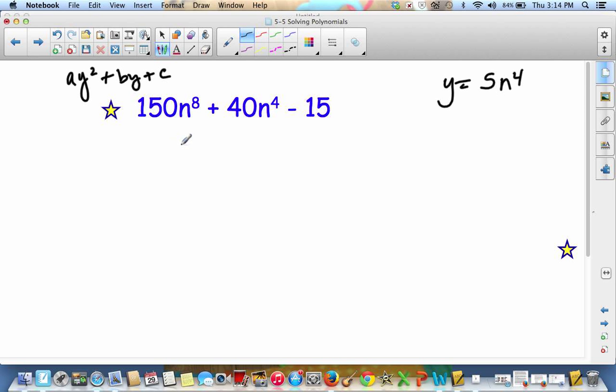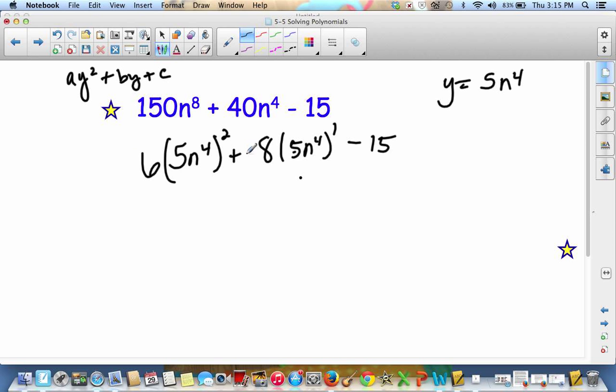So then it looks like we're going to have 5n to the fourth, that quantity squared, and then 5n to the fourth to the first power, and then minus 15. Our c always stays the same, but these coefficients are going to change. So 5 squared is 25. 150 divided by 25 is 6. 5 to the first power is 5. So 40 divided by 5 is 8.